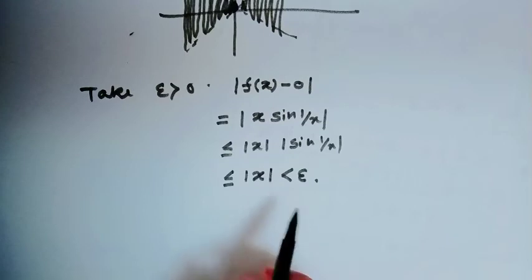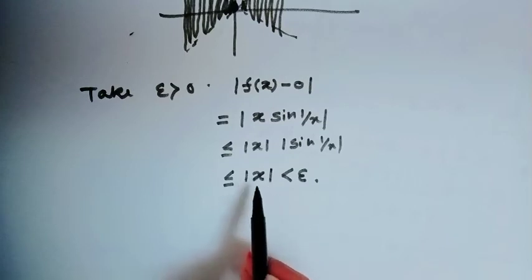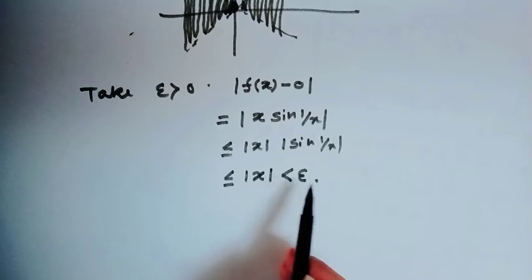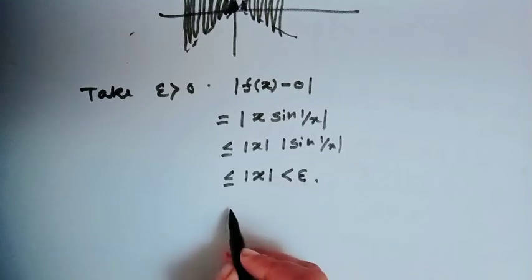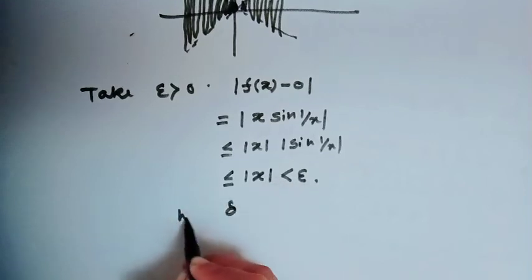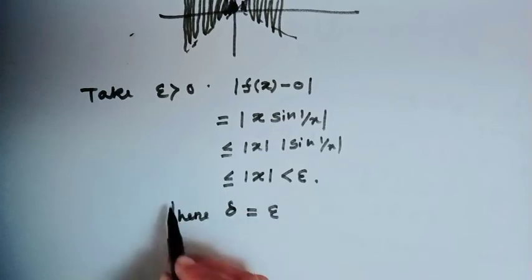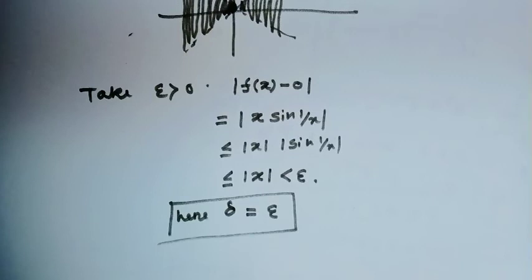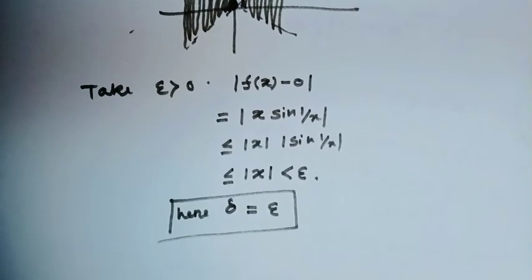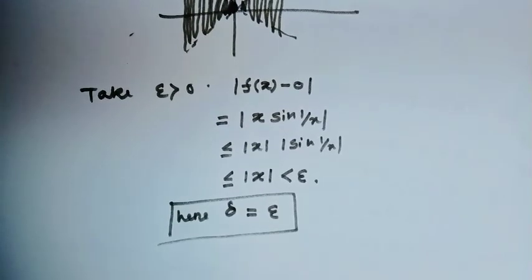Since modulus of x is less than epsilon, here delta equals epsilon. Okay? Our proof is done.